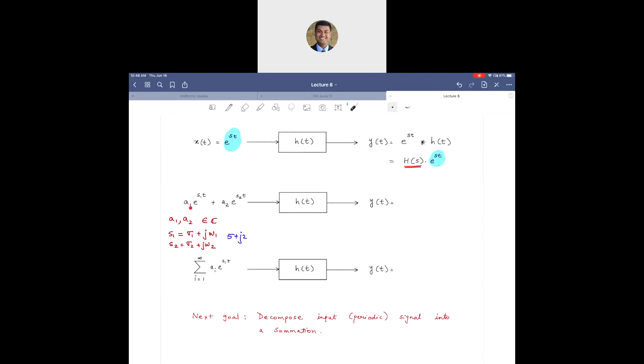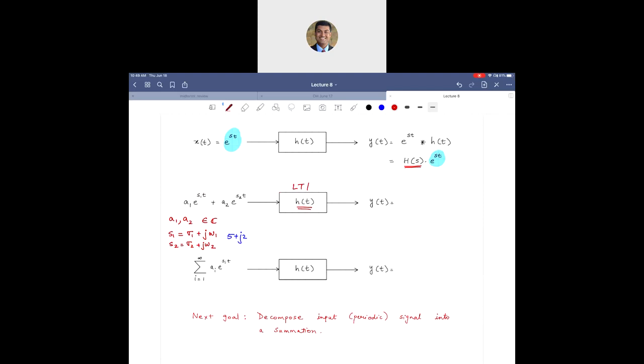So you have the addition of these two functions, and each of these functions is a scaled complex exponential going into an LTI system. The impulse response of the LTI system is given to us as h of t, and we are trying to find the output.